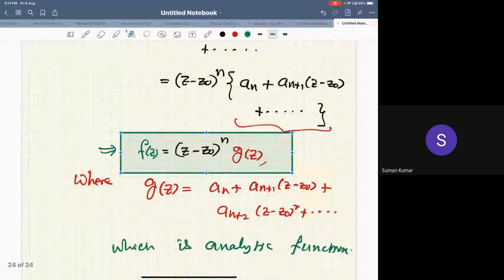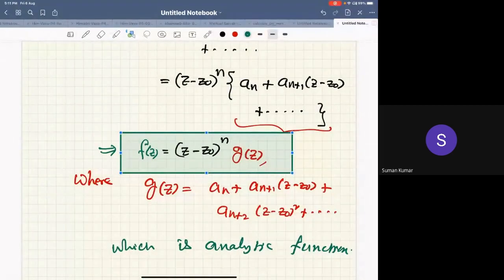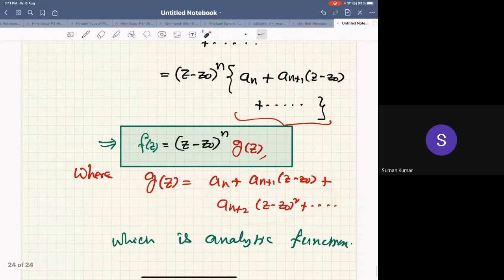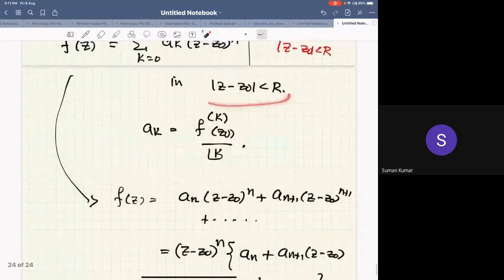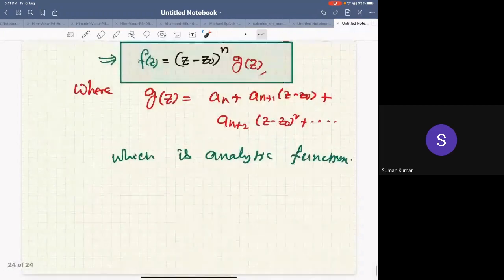Why is g an analytic function? Because g is a power series which is valid in mod z minus z0 less than r. Therefore, this is an analytic function. If you want, I can write one more sentence here.